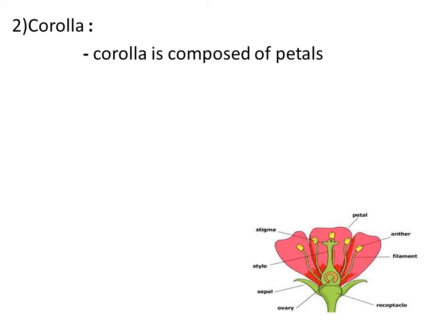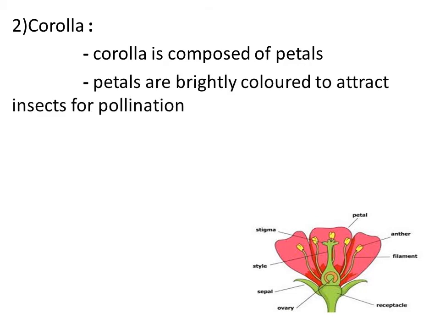The number of units present in the corolla are called petals. Petals are brightly colored to attract insects for pollination. Why are the petals bright in color? In most cases, the corolla is brightly colored because it attracts insects for pollination. Pollination has to occur in sexual reproduction.